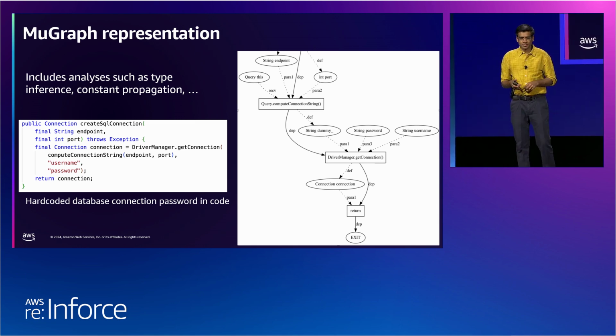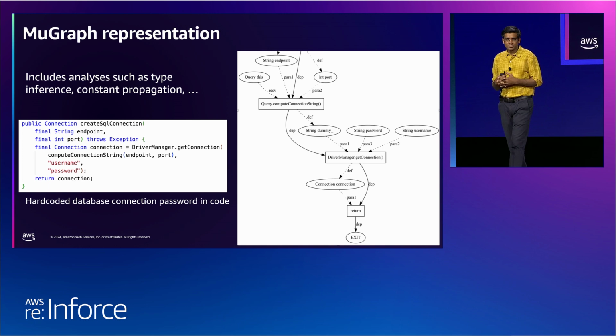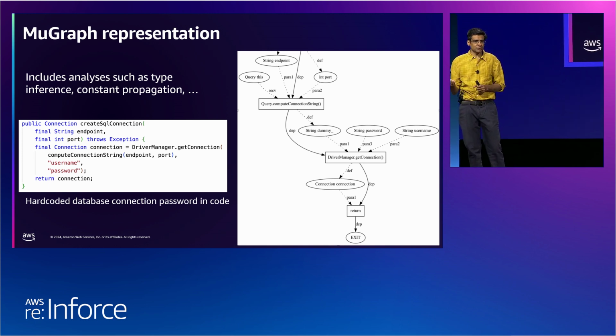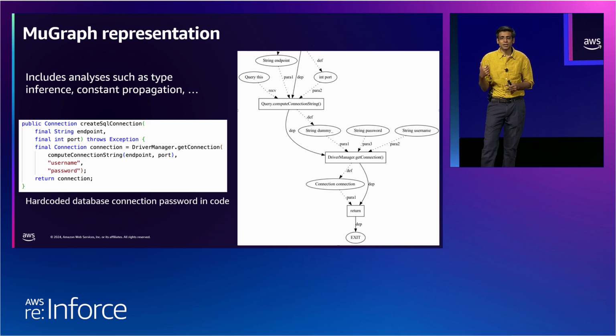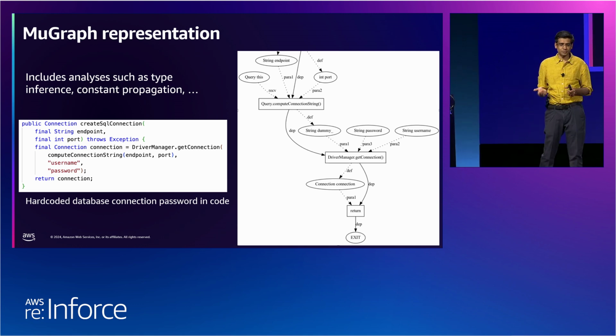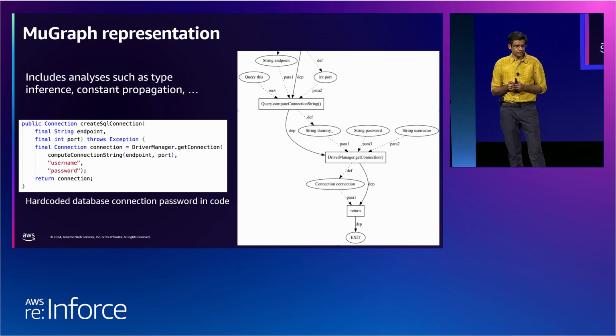So putting all these salient aspects of the mu graph representation together, we have looked into the fact that this representation is robust to syntactic variations in code. We have seen examples of semantic analyses such as types and constant propagation that are making this representation very rich.